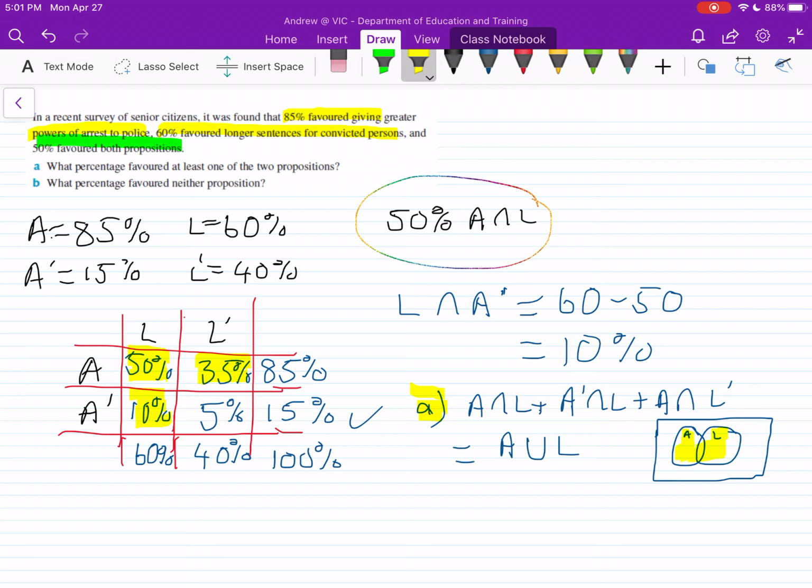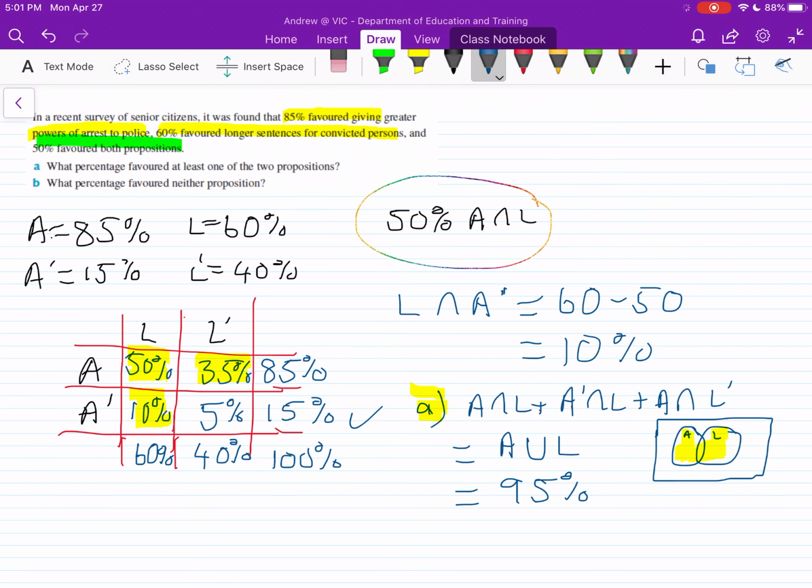So that is all of that value there. This one will equal 95% once we add them all up: 50 plus 35 plus 10 is 95%. So just remember those relationships, especially between your intersections and your unions.